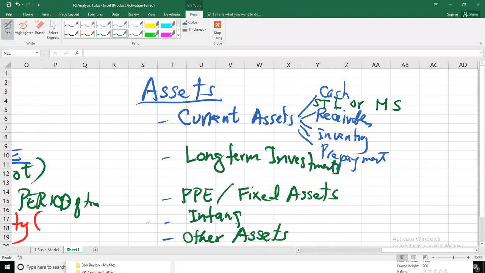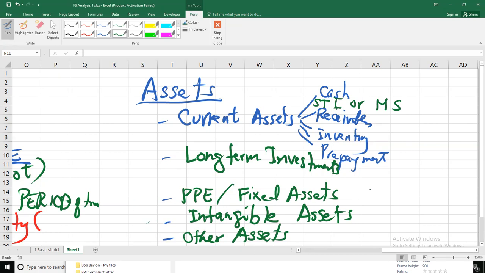So these are the five main classifications of assets in the balance sheet. You have current assets, five kinds. These are arranged according to liquidity. Our non-current includes long-term investments, PPE, property, plant, and equipment, intangible assets, other assets.